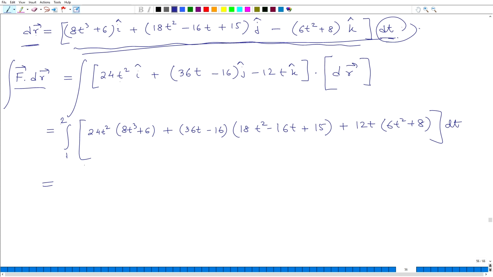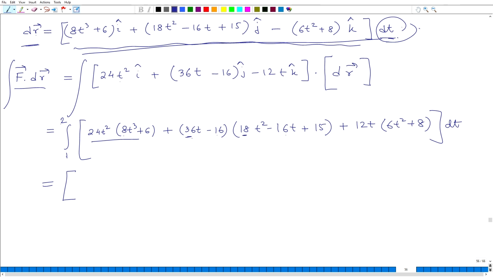So there are several ways to do the calculation, since there are big numbers like 36 times 18, 36 times 16, 16 times 15. So I have done something which I in general prefer. I do not immediately multiply them for obtaining the value, but I just keep them as products. For example, this term will give you 24 times 8 t² times t³, which is t⁵ dt.